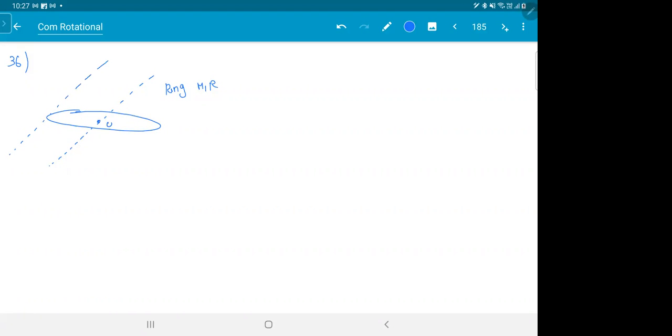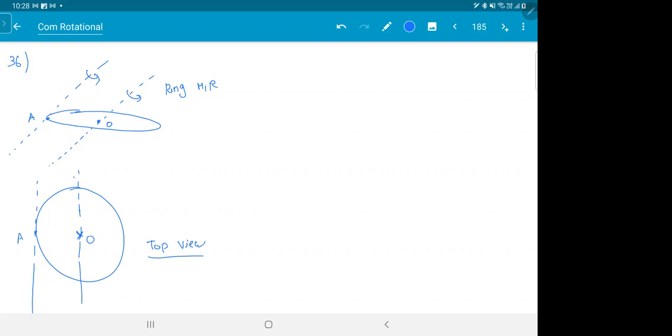This is the center. This is A. Both are in the plane. Meaning if you look at this view now, it looks like this. This is the side view, top view. So find IO and IA.